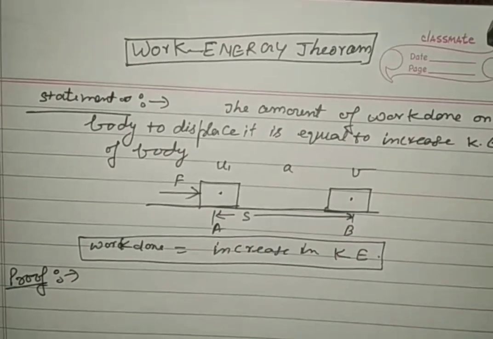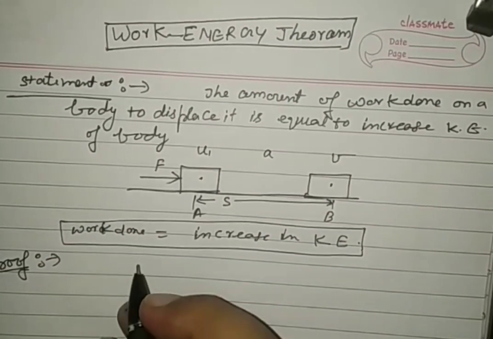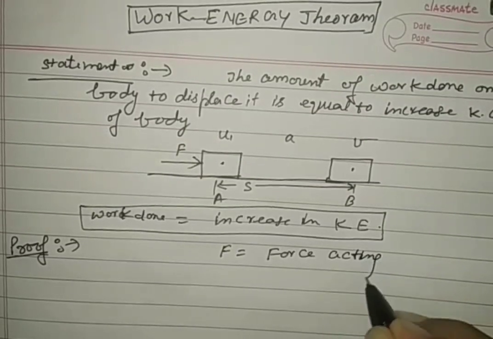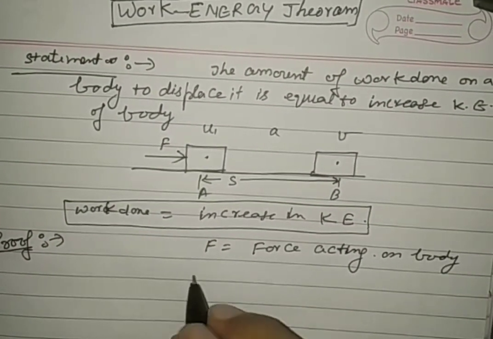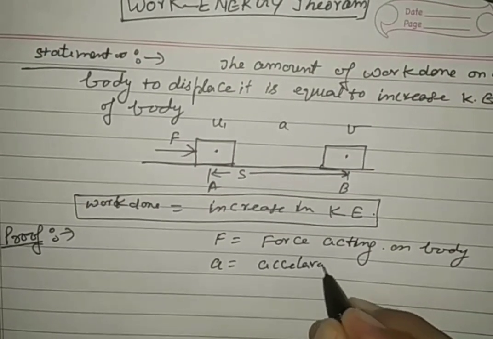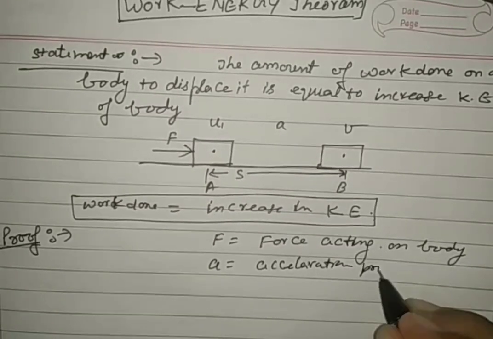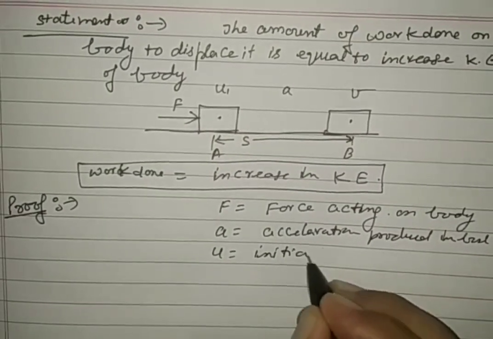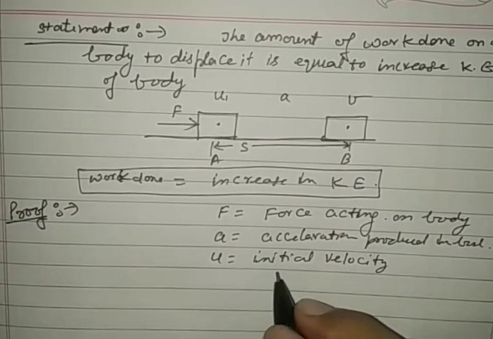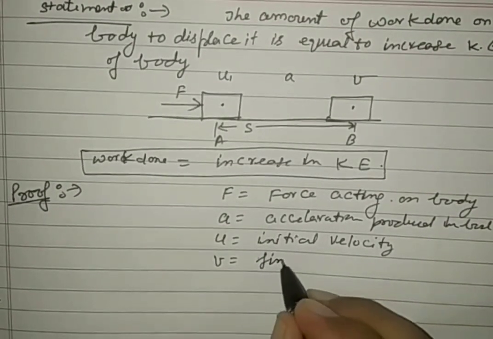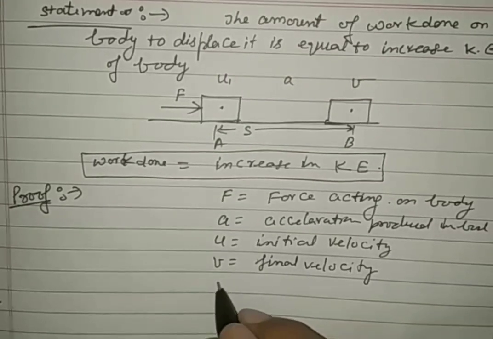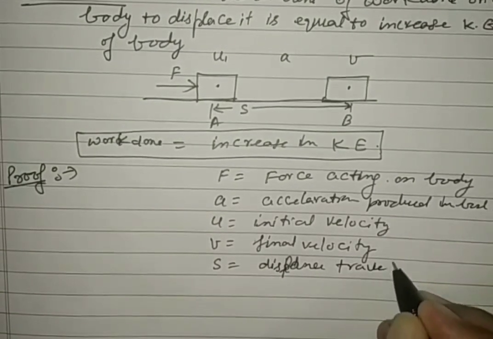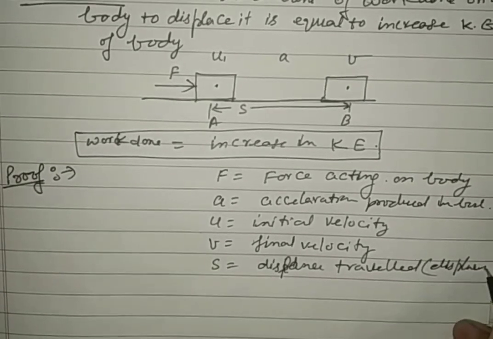Proof of the statement. Let us consider a body in which F is the force acting on the body, a is the acceleration produced in the body, u is the initial velocity, v is the final velocity, and s is the distance traveled, or we can say displacement.